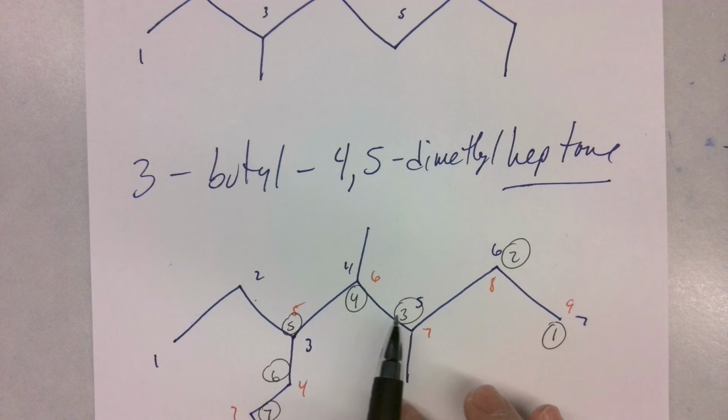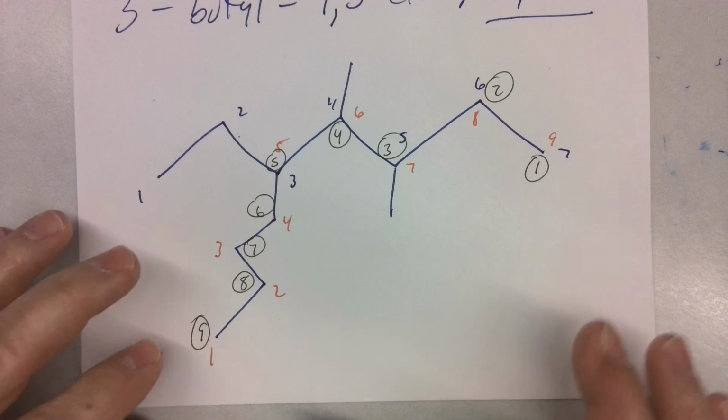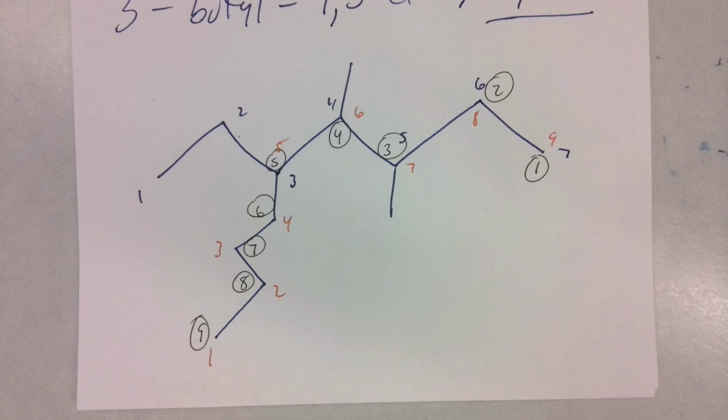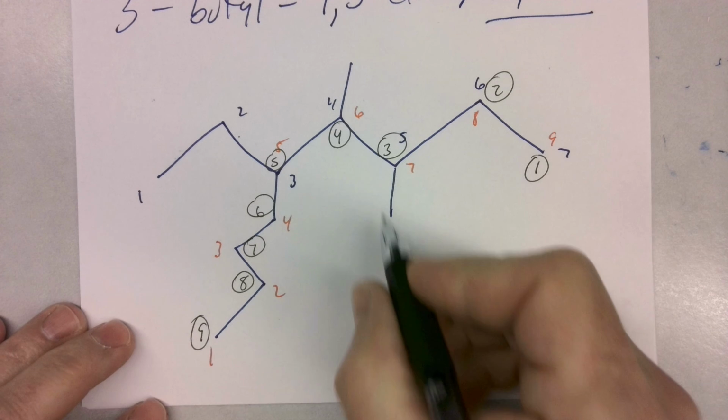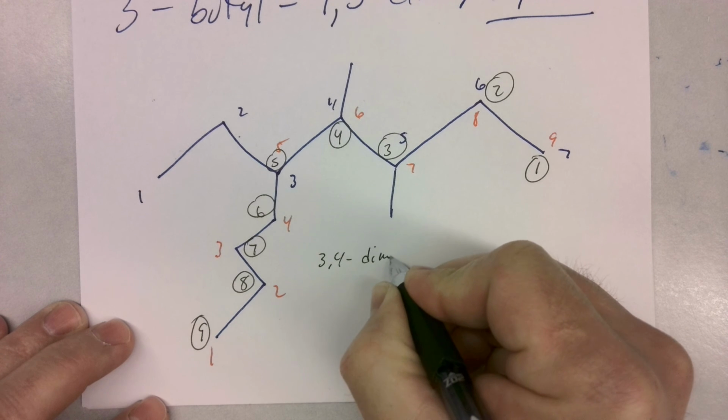Would that branch me at 3, 4, 5? Wouldn't that be a lower sum than 5, 6, 7? Correct? Yeah, so this would actually be 3, 4 dash dimethyl.